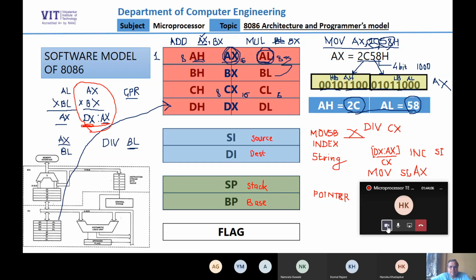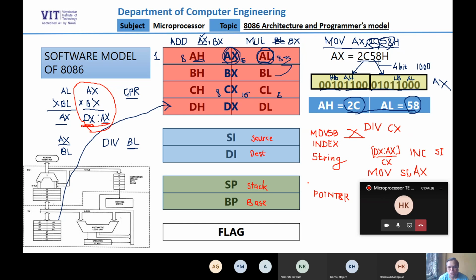So let us come back to SP and BP. They are used as pointer registers for accessing memory locations from the stack segment. SP, that is stack pointer, is used for sequential access of the stack, and it is used by default by push and pop instructions.